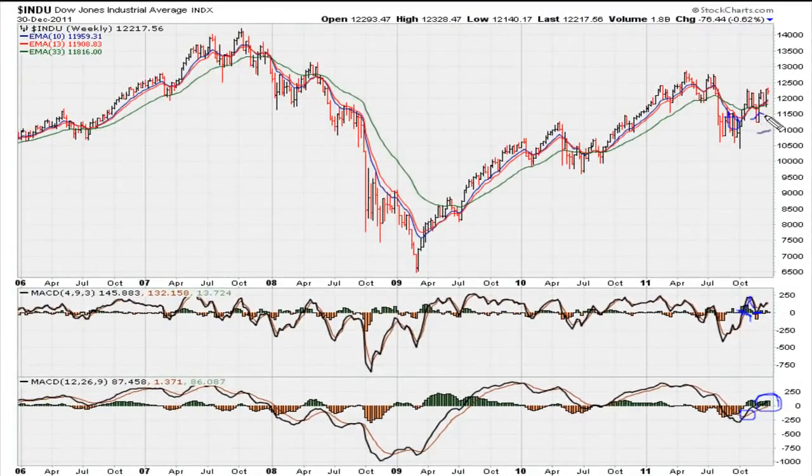So this market was a buy somewhere around here during this support level there, and also as this MACD moved above zero. So the market was bullish now after this strong slide here. The MACDs were telling us that now here was buy and here was buy. So I would say the market was poised to go higher.